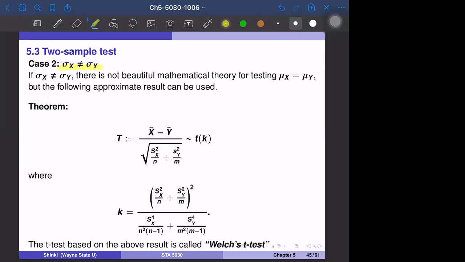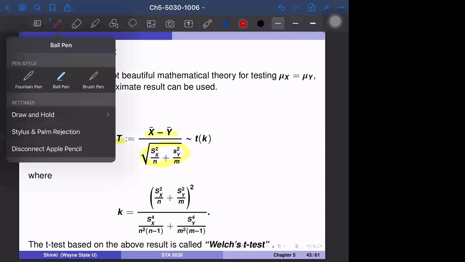If sigma x is not equal to sigma y, we define the t statistic as x bar minus y bar, the primary quantity, divided by the square root of s sub x square over n plus s sub y square over m.